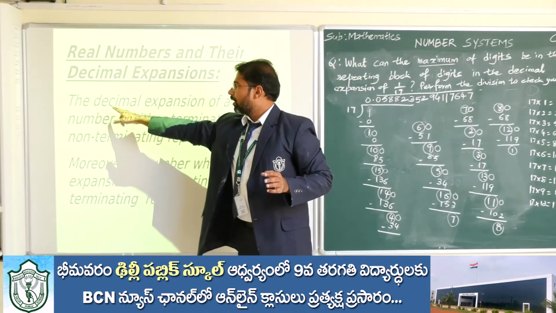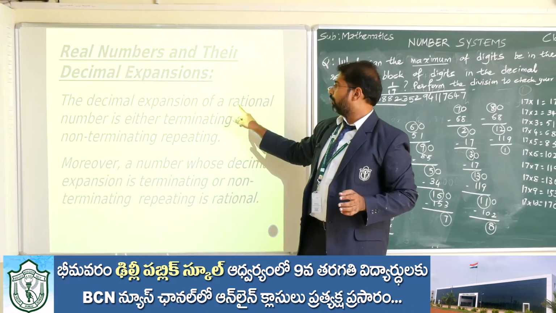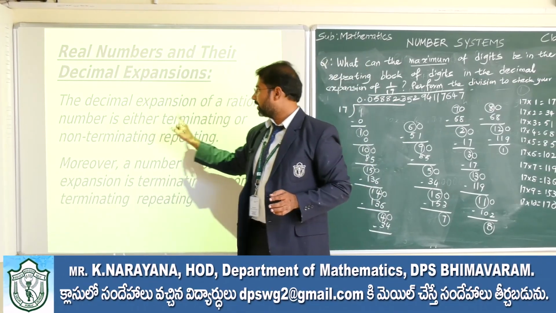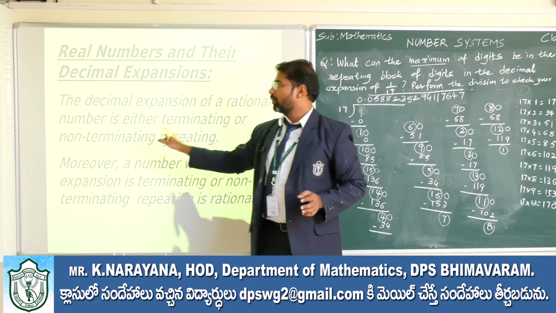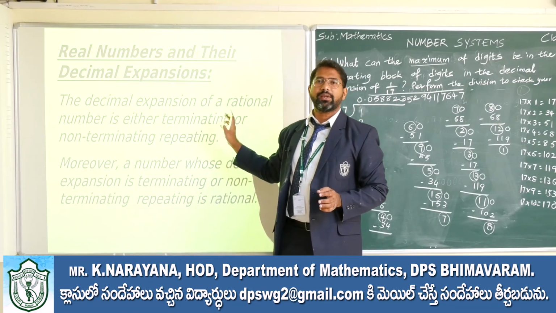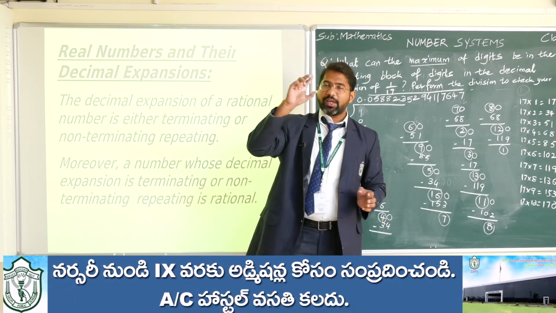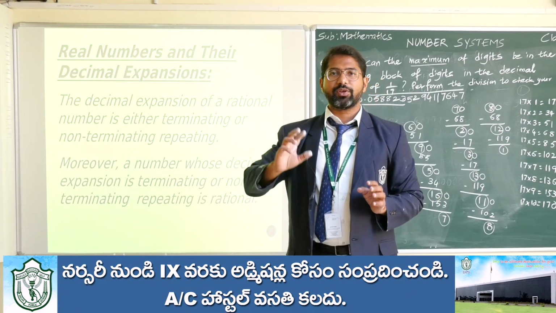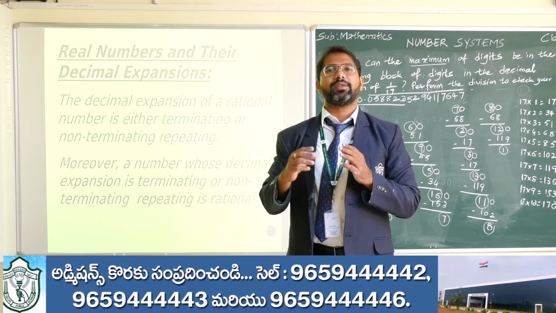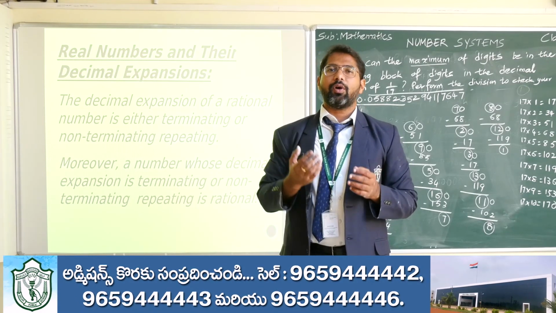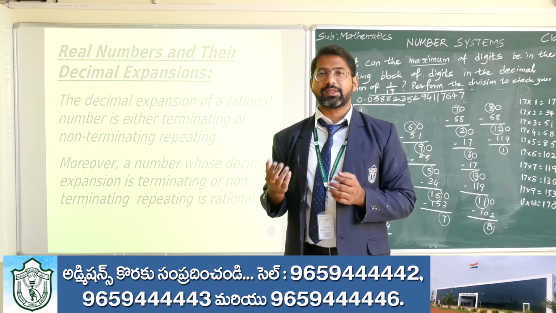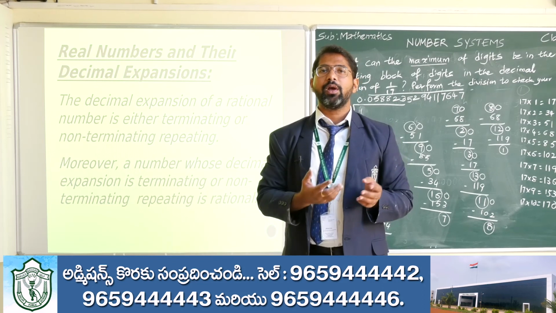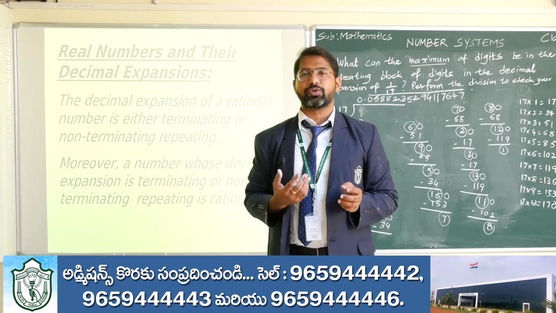The decimal expansion of a rational number is either terminating or non-terminating repeating decimal, which we have learned through our examples also.